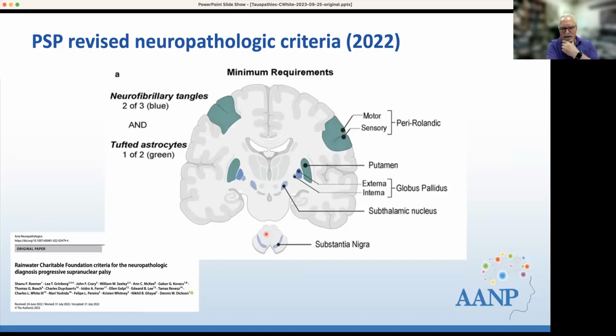Neurofibrillary tangles, demonstrated typically by AT8 or 4R tau immunohistochemistry, should be present in 2 of 3 areas, those being the globus pallidus, the subthalamic nucleus, and the substantia nigra, and there should be tufted astrocytes in 1 of 2 areas, including the perirolandic sensorimotor cortex or the putamen.